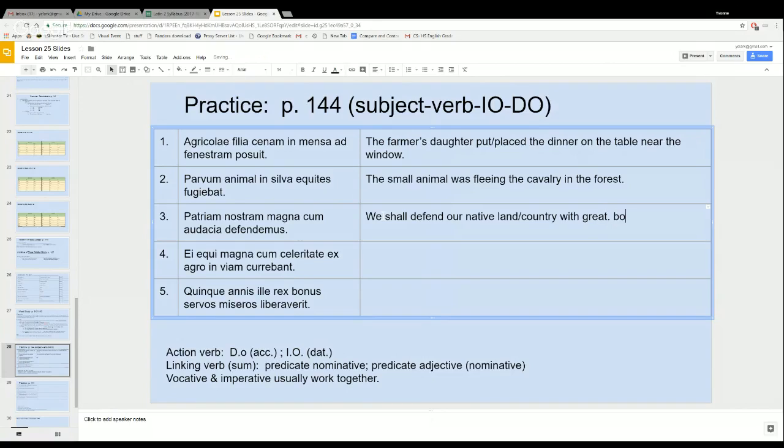Awesome. And what is that construction there, Ellie? Ablative of means. With great bold. Well, means is usually of things. Oh, I meant manner. Awesome. That's exactly right. Well, they both begin with an M. Yeah, they both start with M.